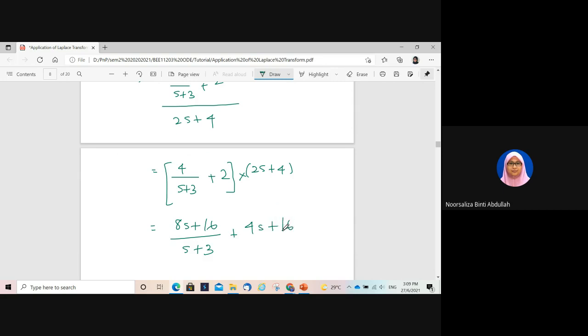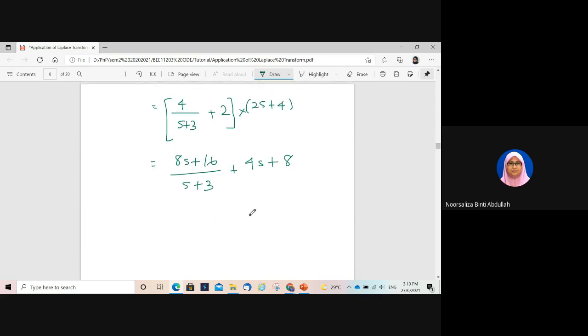Okay, lepas tu? 8 doktor. Okay, lepas tu? Kena Laplace kan doktor?